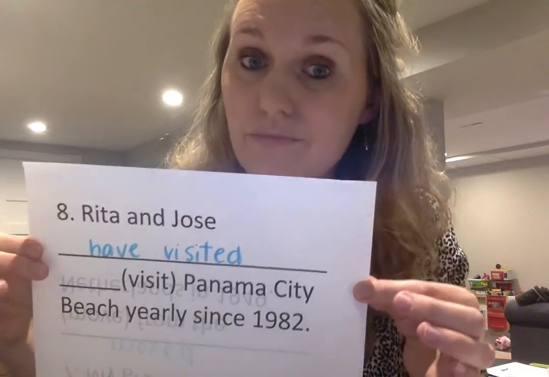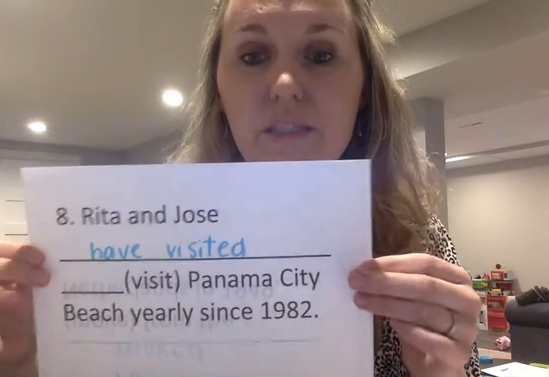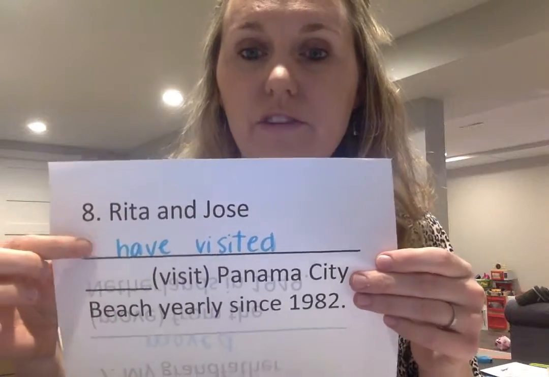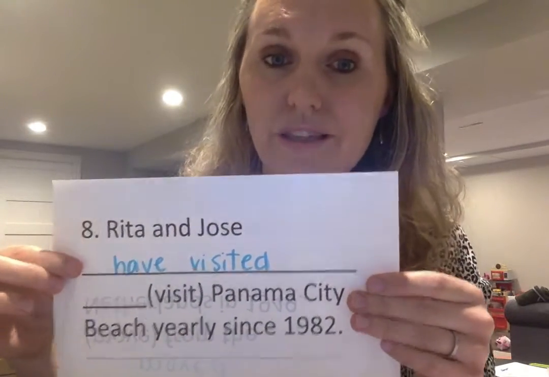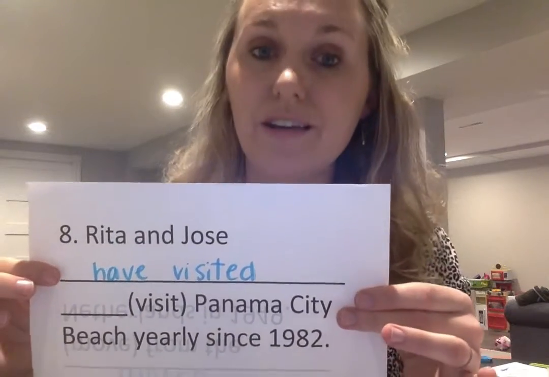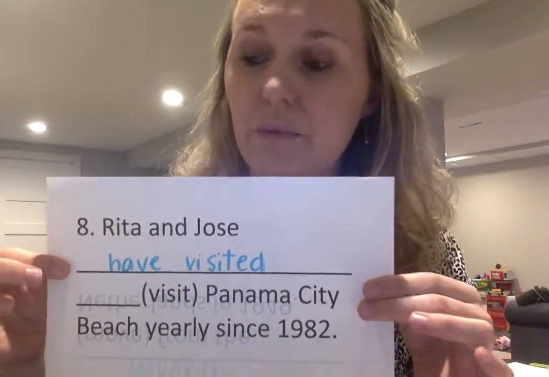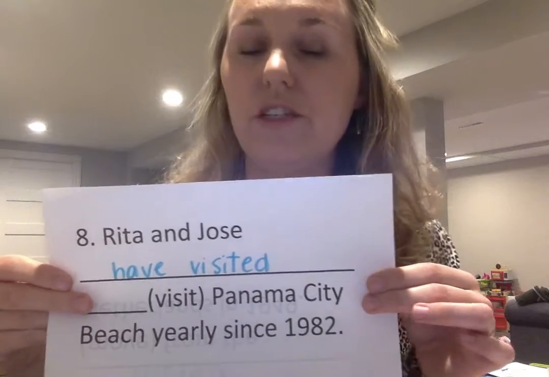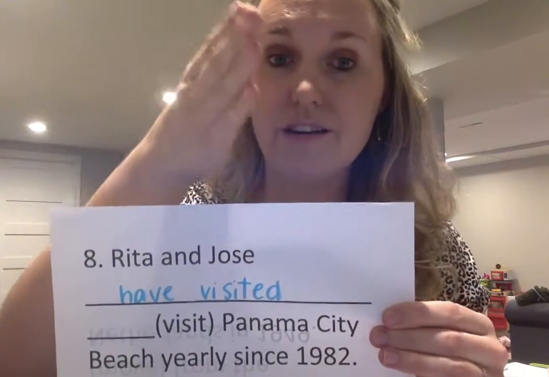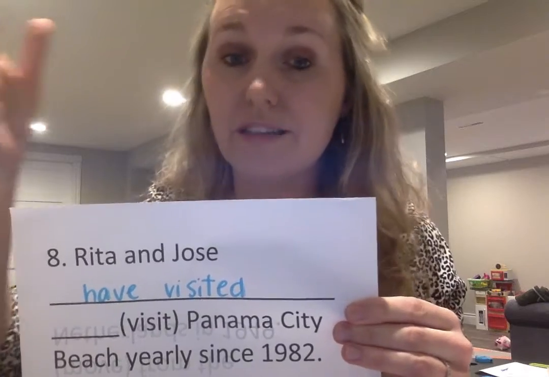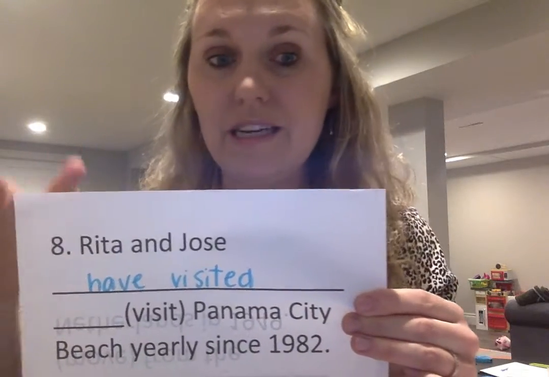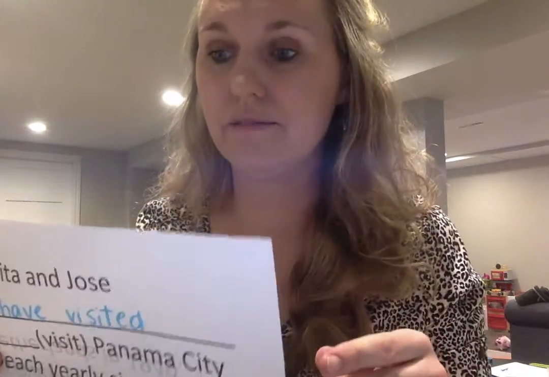Maybe they're dead, right? We don't know. So for this particular example, while I filled it out as the present perfect, in fact, it could just be the simple past, depending on whether they still visit Panama City Beach each year. Again, it started in 1982, but it is moving to the present. So that timeline indicates it's the present.